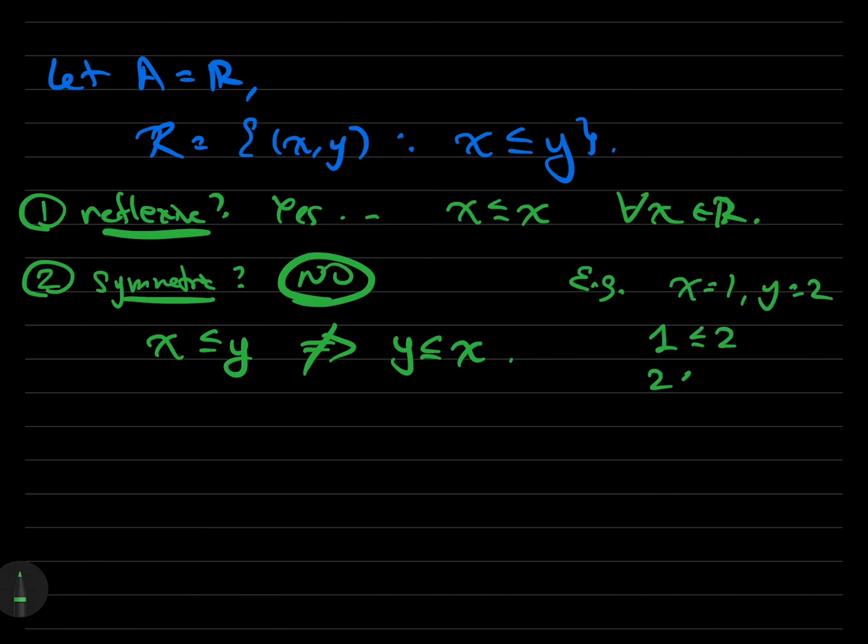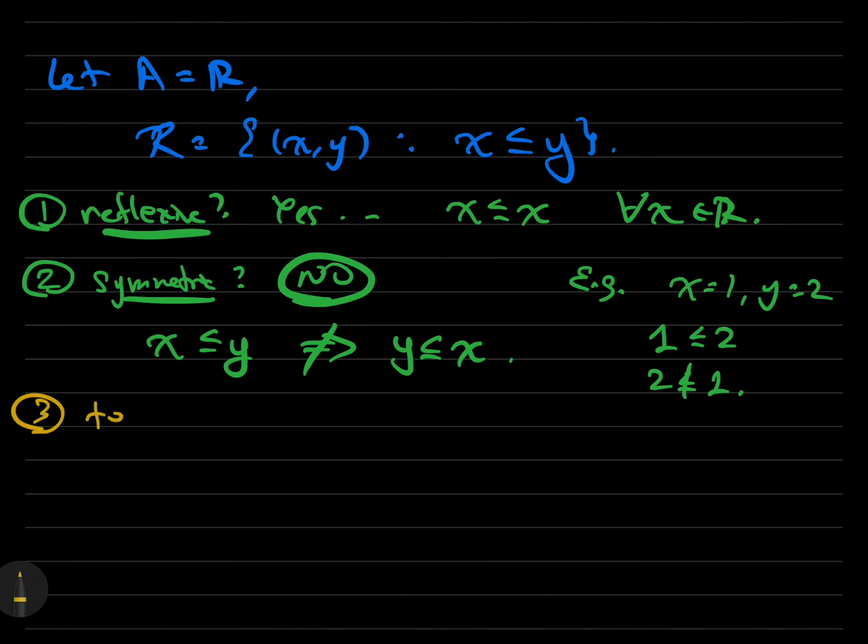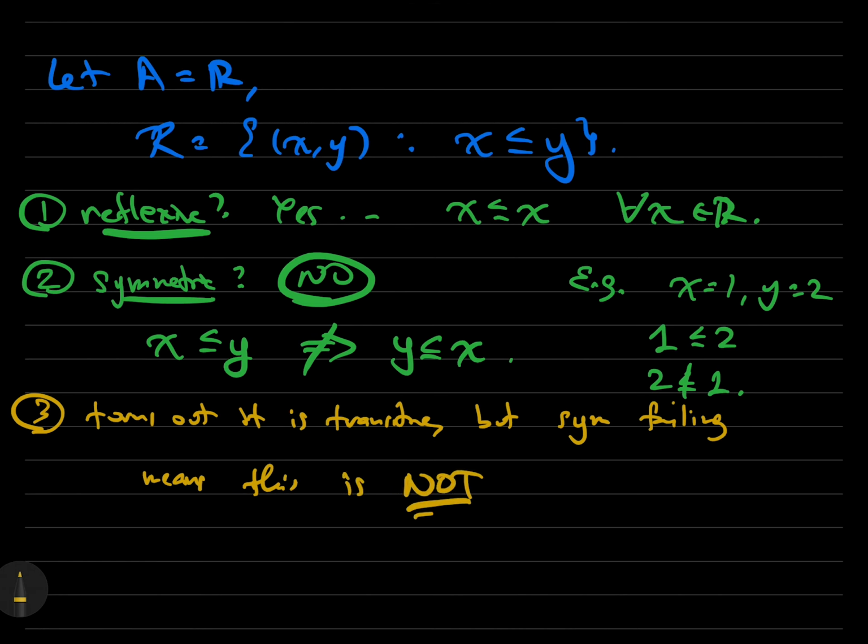Is it symmetric? It turns out it's not symmetric. x can be less than or equal to y, and y not be less than or equal to x. For example, the pair (1, 2) is in R, and the pair (2, 1) is not in R. It turns out that this is transitive. We could check that, but since we already lost symmetric, we're done. This is not an equivalence relation.